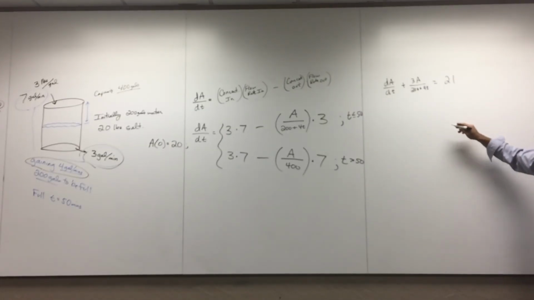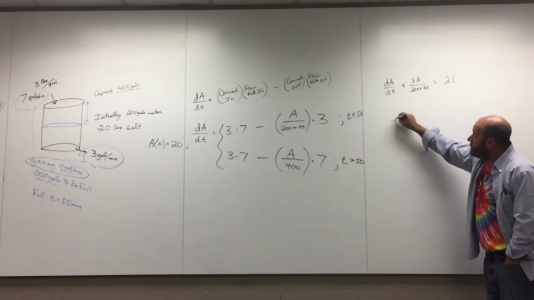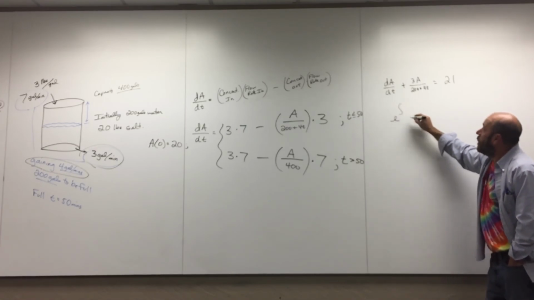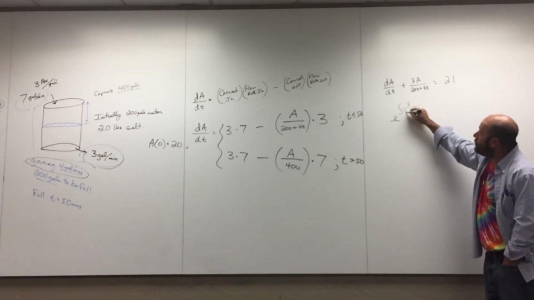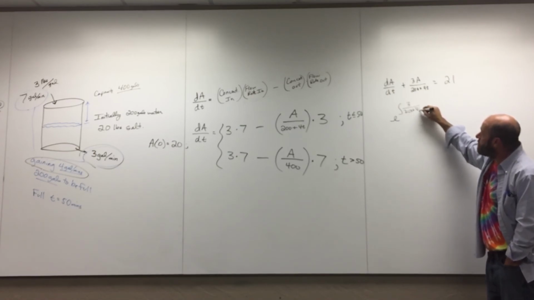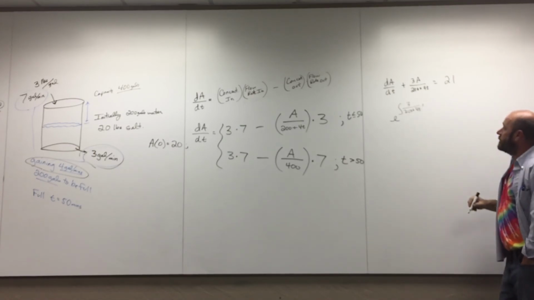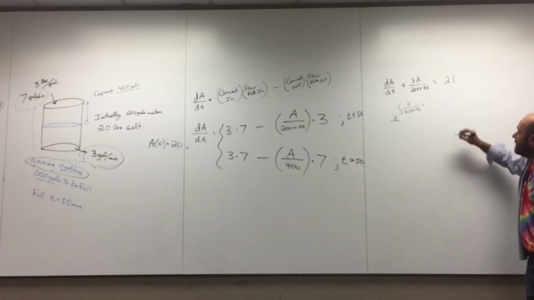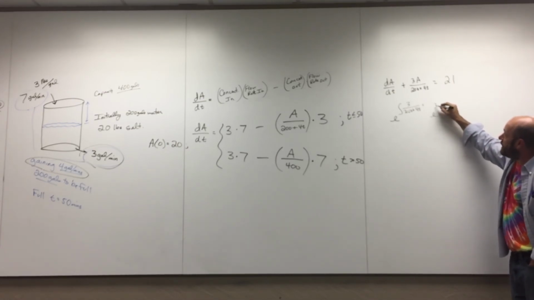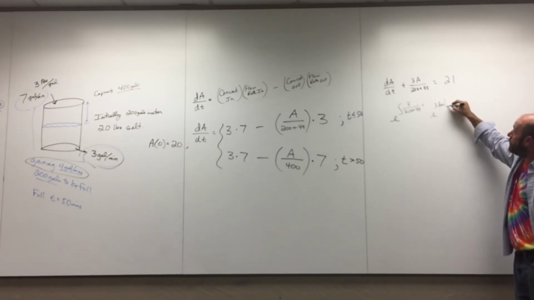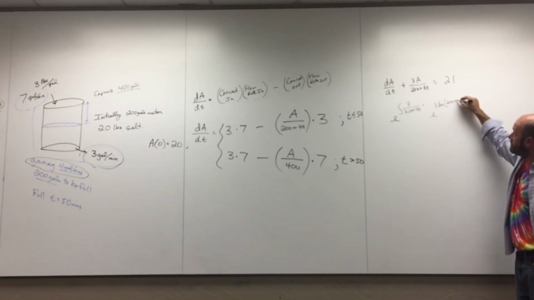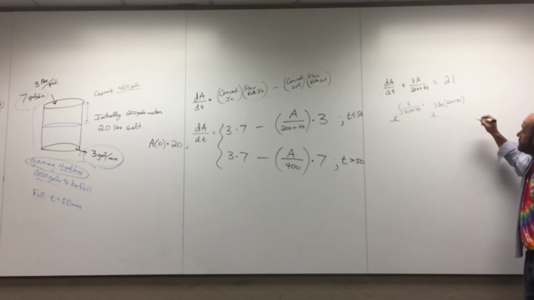The integrating factor is e to the integral of 3 over 200 plus 4t. Good luck. That is e to the 3 ln of 200 plus 4t. But there's a detail in there you got to catch.